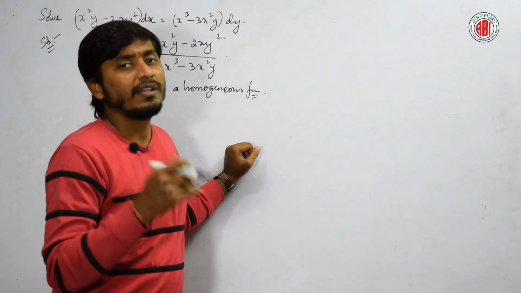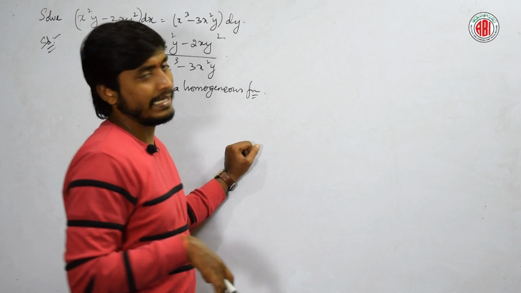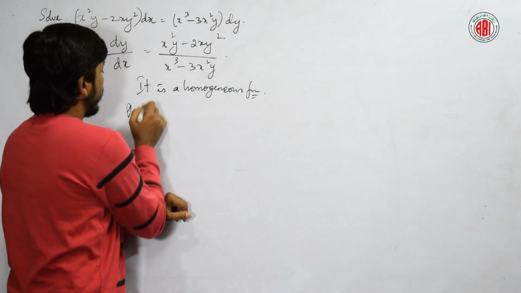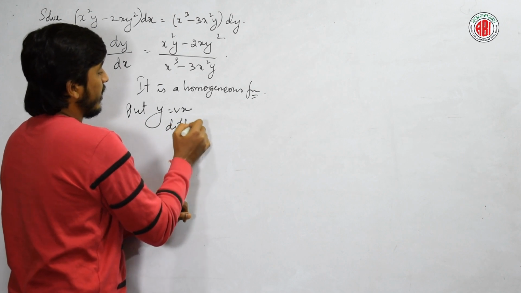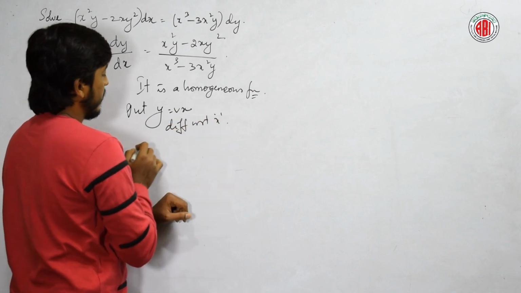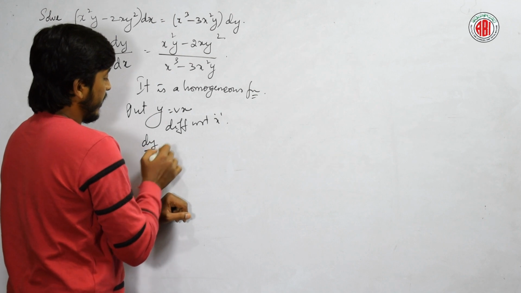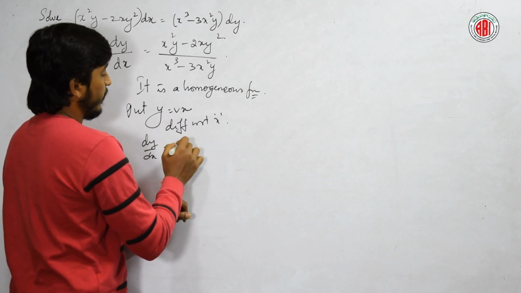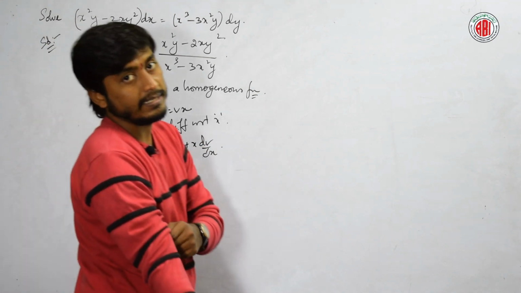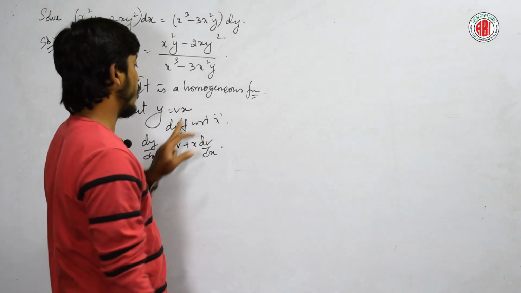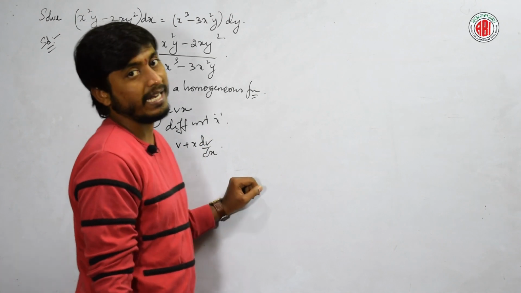What is the first thing you have to do? Just direct step. Put y equal to vx and simplify. Now differentiate with respect to x. So I will get it as dy by dx is equal to v plus x into dv by dx. Isn't it? V into differentiation of x is 1, x into differentiation of v is dv by dx.